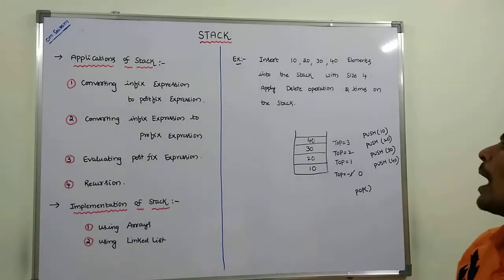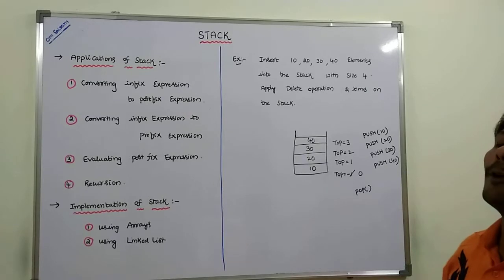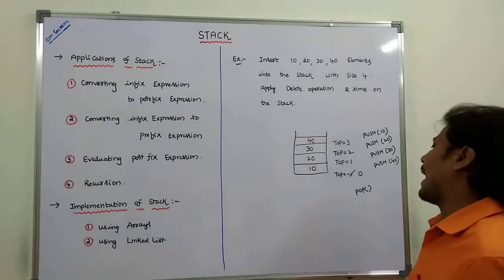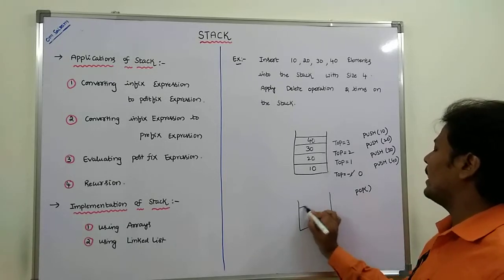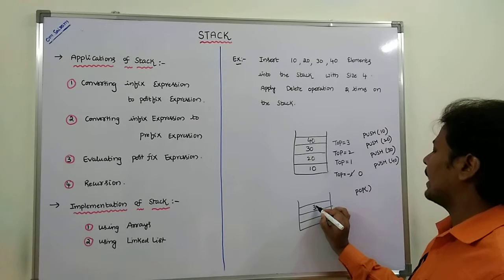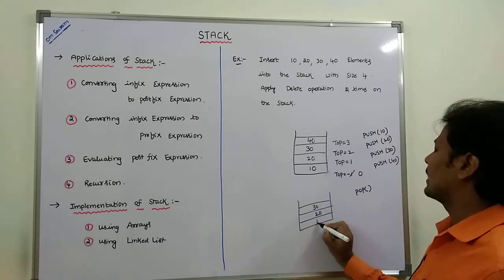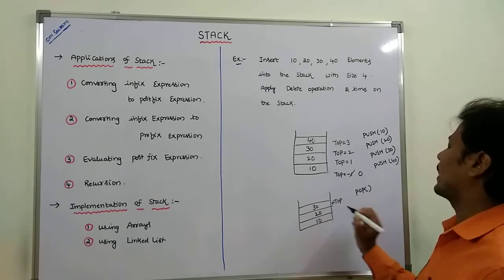After performing the pop operation, element 40 is removed from the stack. So now the result is 30, 20, 10. Now top pointer points to this one.